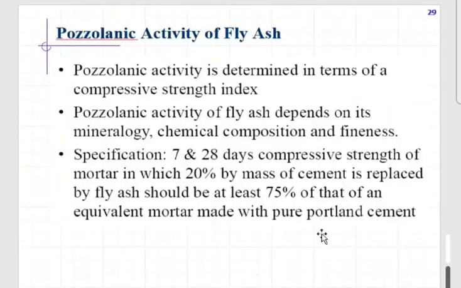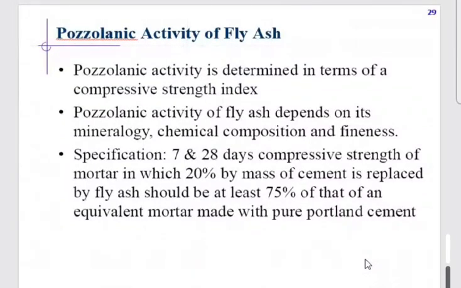Beta, it means, let's say you have 100% cement and you make a concrete, and it is giving you 100 megapascal strength. And the next concrete you made with 75% cement and 25% fly ash. If you prepare this concrete and you find your strength is 80 megapascal, it means your fly ash is pozzolanic in nature.